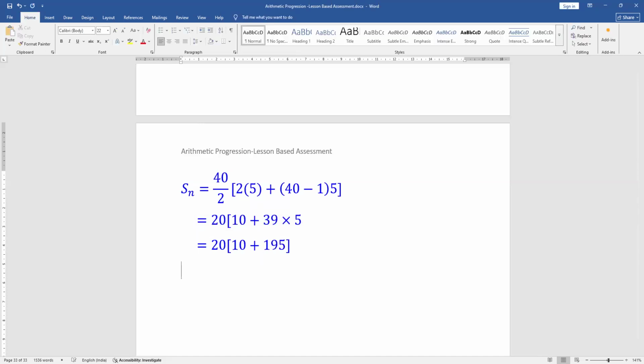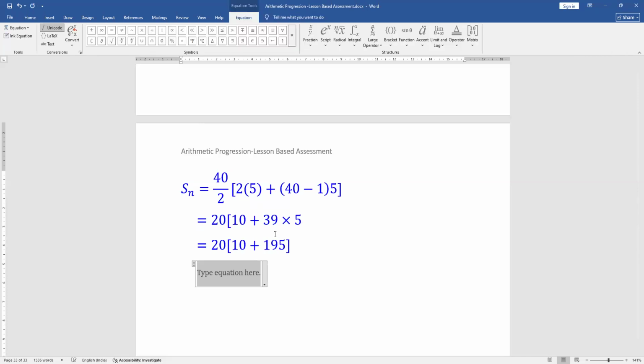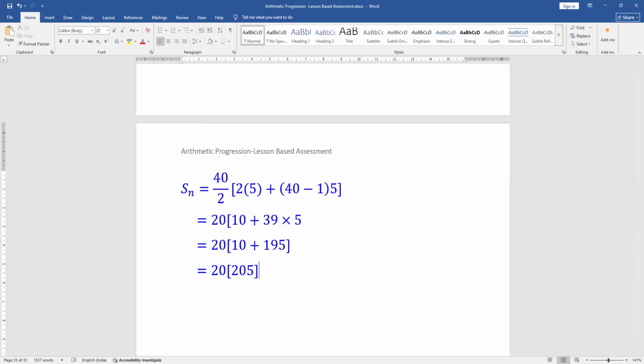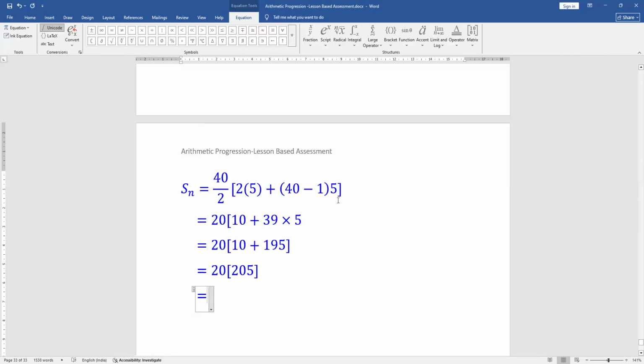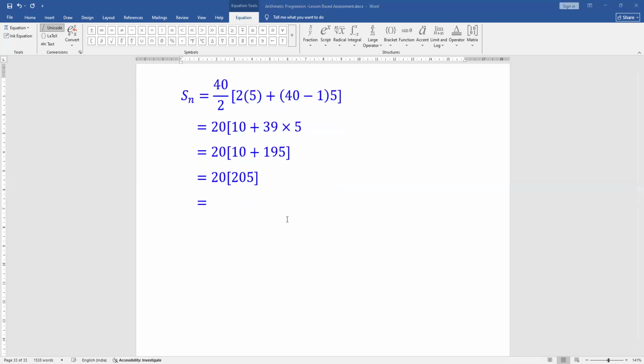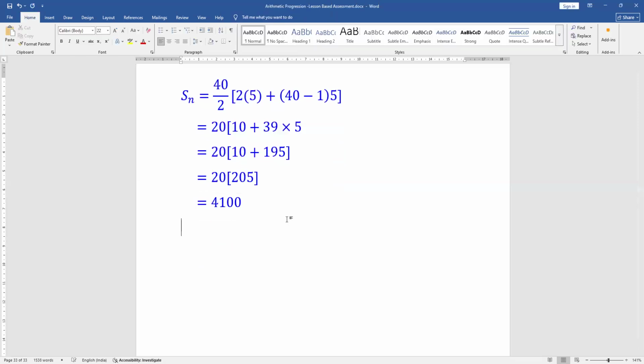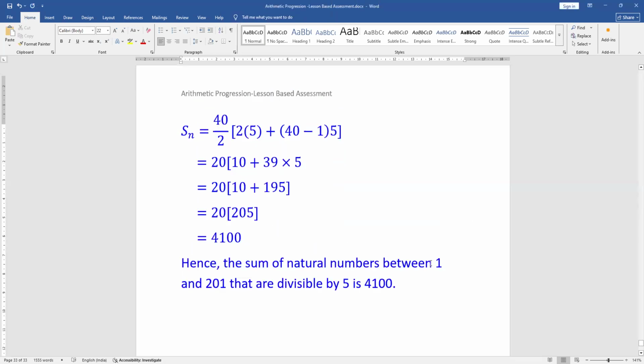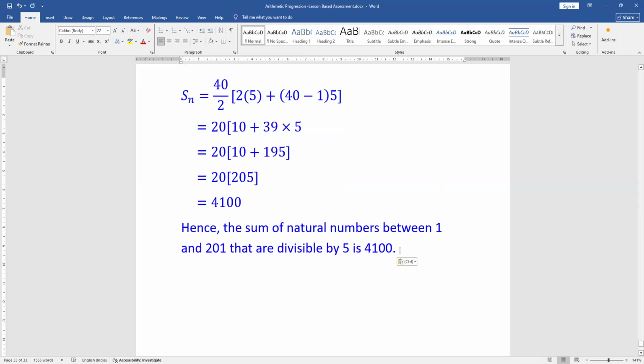Close. Equals 20, bracket open. So 10 plus 195 will be nothing but 205. Then it is equal to 20 into 205, which will give you 4100. Okay. So hence the sum of all natural numbers between 1 and 200 that are multiples of 5 is 4100.